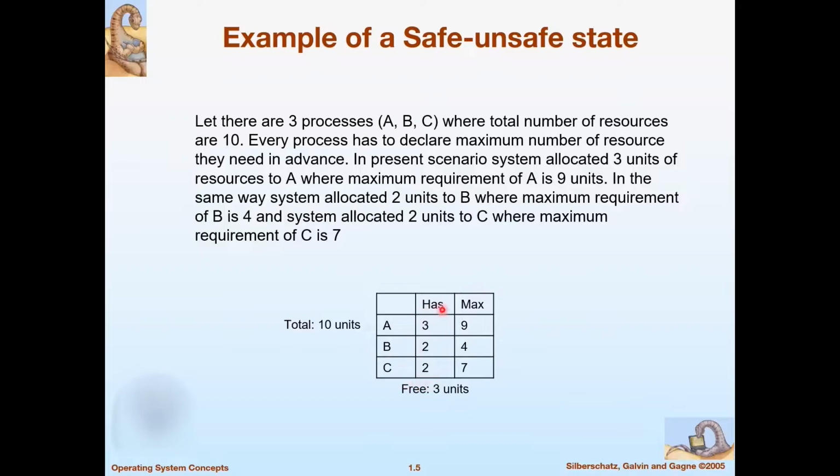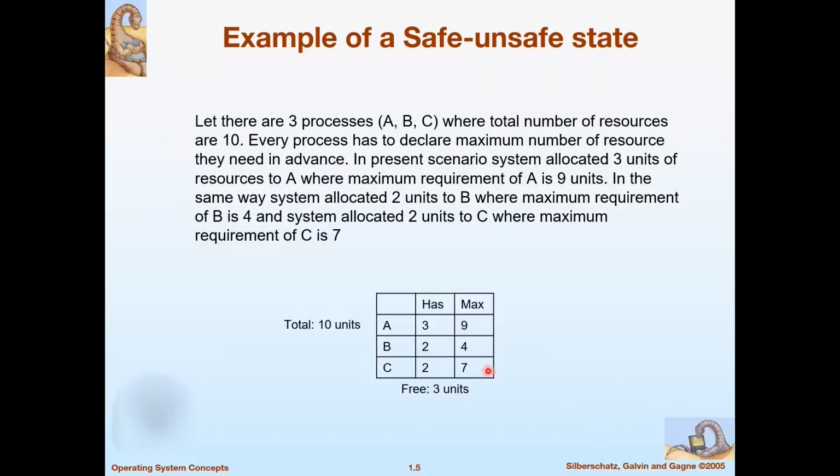Though there are a total of 10 units in the system, 3 units of resource remain, or we can say are free now, and not allocated to any of the processes. On the other hand, the maximum requirements for each process are 9, 4 and 7 respectively.